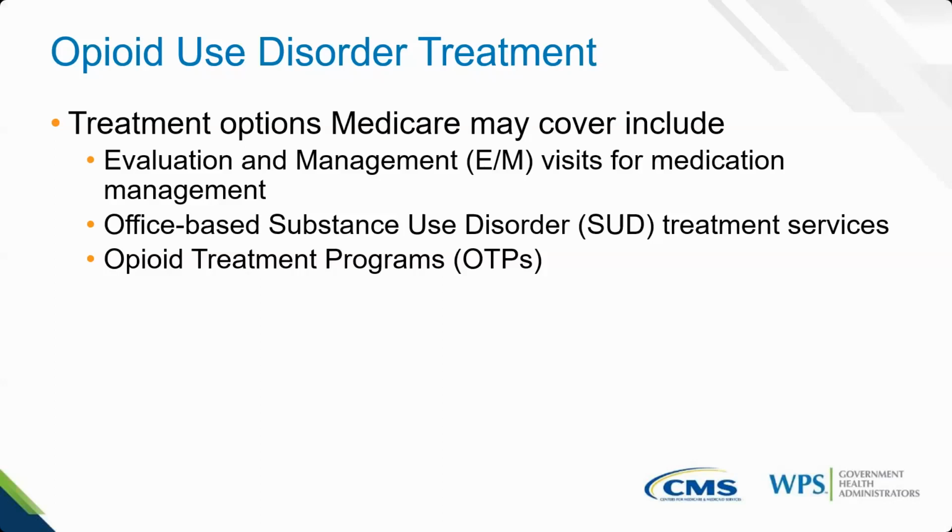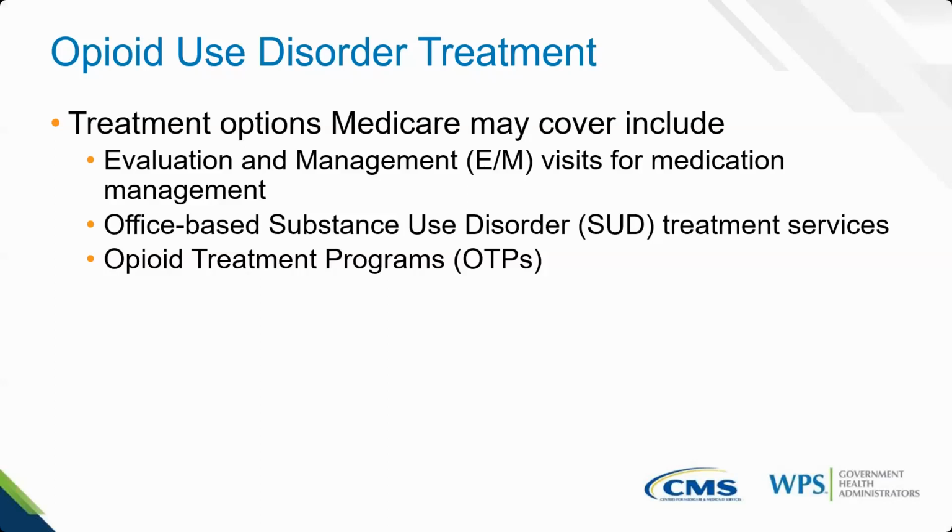In the context of opioid use disorders, you can use E&M visits to provide medication management to make sure the patients are taking their medications properly as part of the recovery process. Medications prescribed for patients could include buprenorphine or naltrexone as two examples.